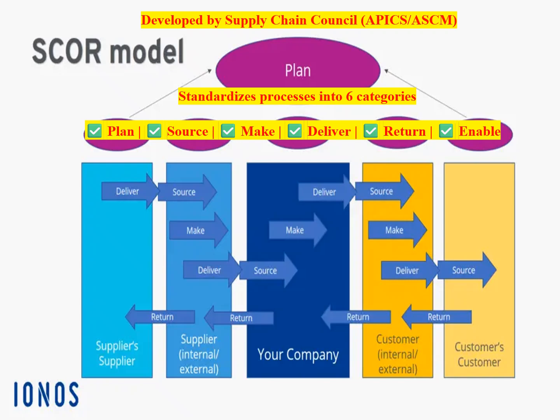It standardizes supply chain processes into 6 categories: plan, demand and supply planning; source, procurement of materials/services; make, production and manufacturing; deliver, distribution and logistics; return, reverse logistics and after-sales service; enable, support processes like IT, HR, and compliance. The SCOR model integrates metrics, best practices, and skills, making it a powerful tool for benchmarking and improving supply chains.